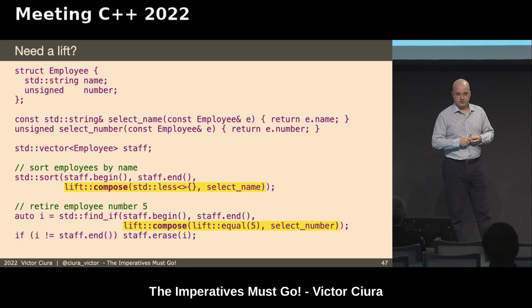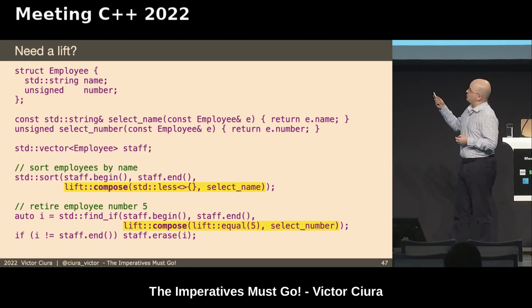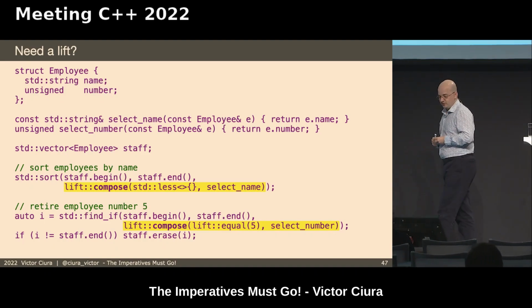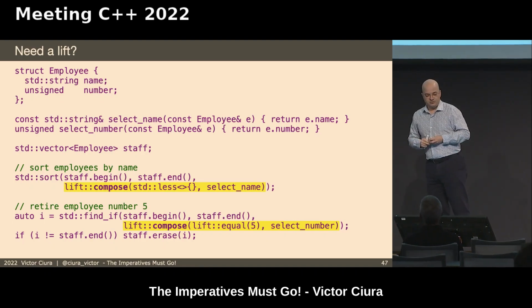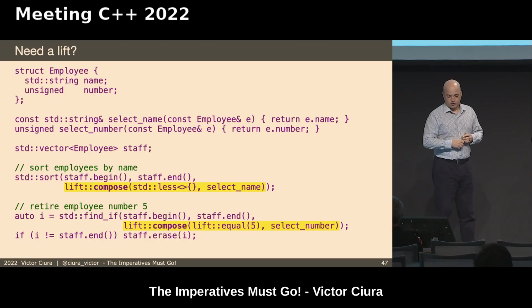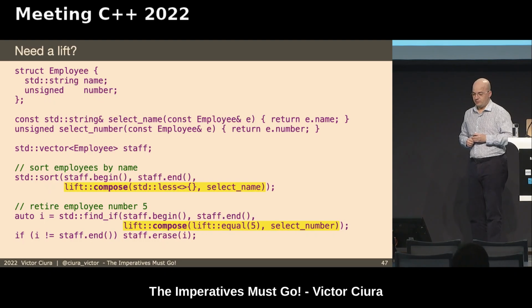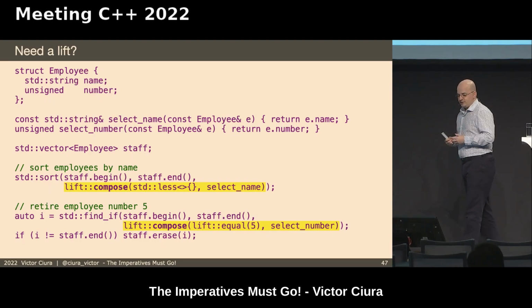Suppose we have a structure with 2 fields, and we have some way of projecting those fields outside by selecting the name or the number in the structure. And we want to sort the structure elements by name, by one of the fields.